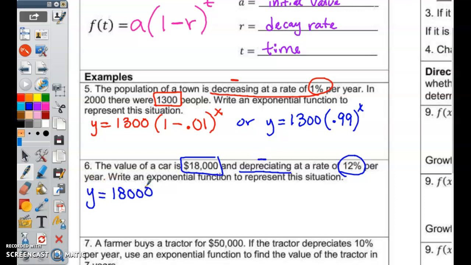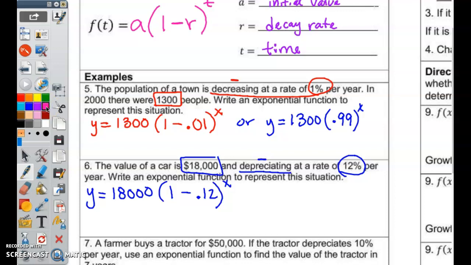Don't put commas. Parentheses to the power of x. So inside the parentheses, because it's going down, I'm going to do 1 minus the rate. So if this is 12%, how do I write it right here? 0.12. It's like saying 12 cents. 0.12, 12 centavos.